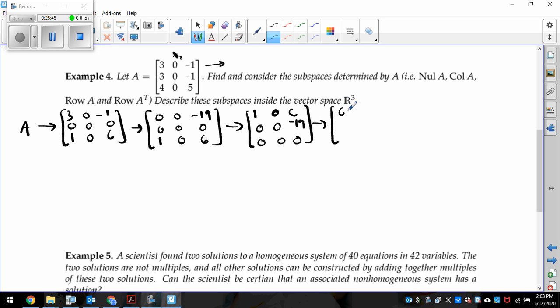So I just did a quick row reduction there, that's a 6, and then you have 0, 0, 1.